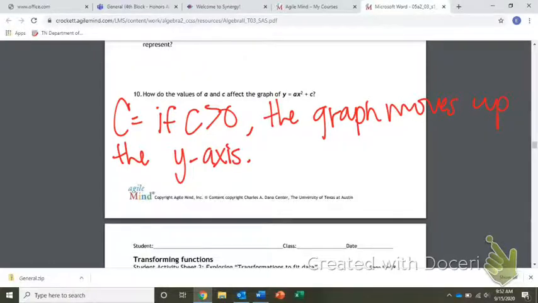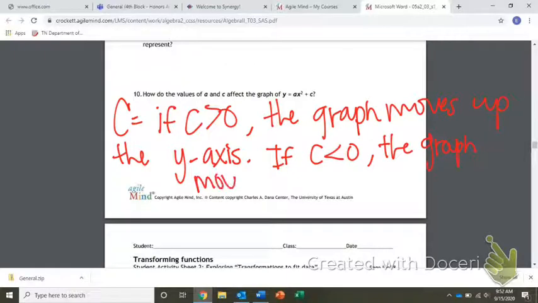Okay? If C is less than 0, meaning it's negative, the graph moves down the y-axis.